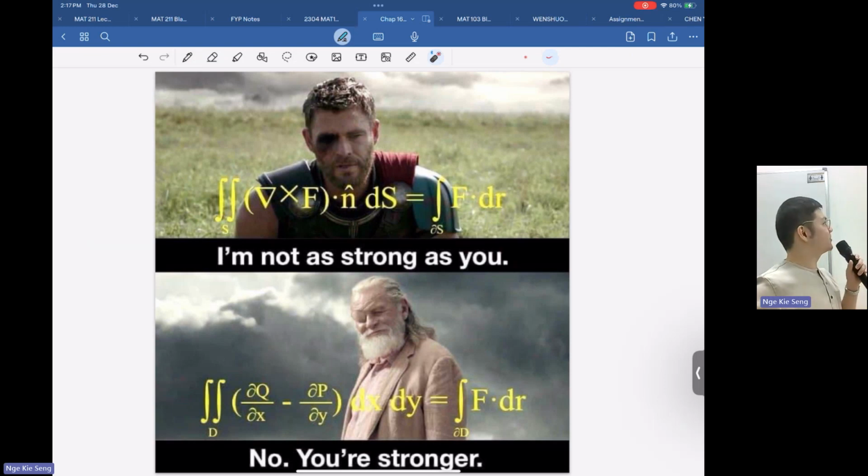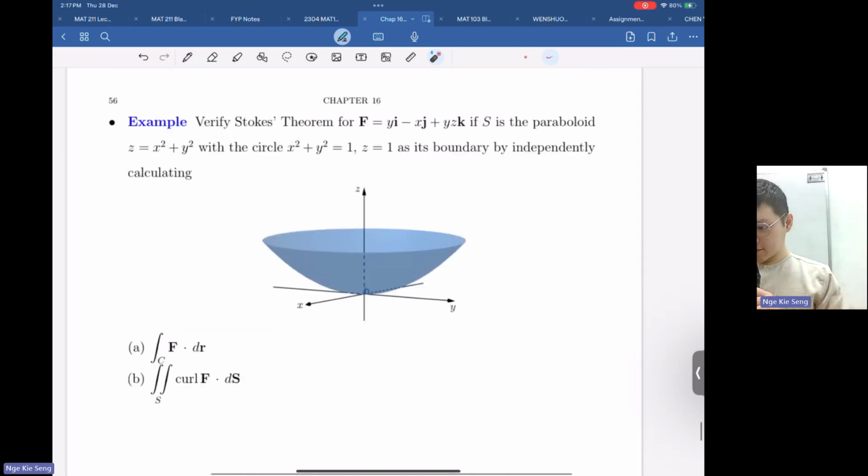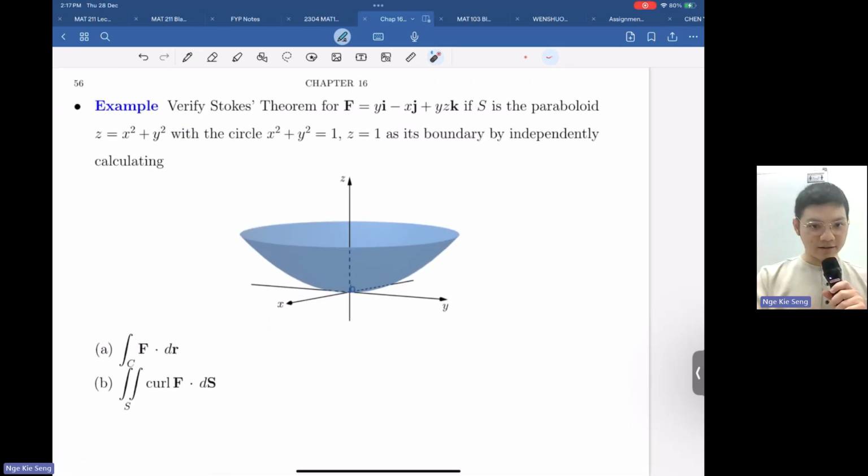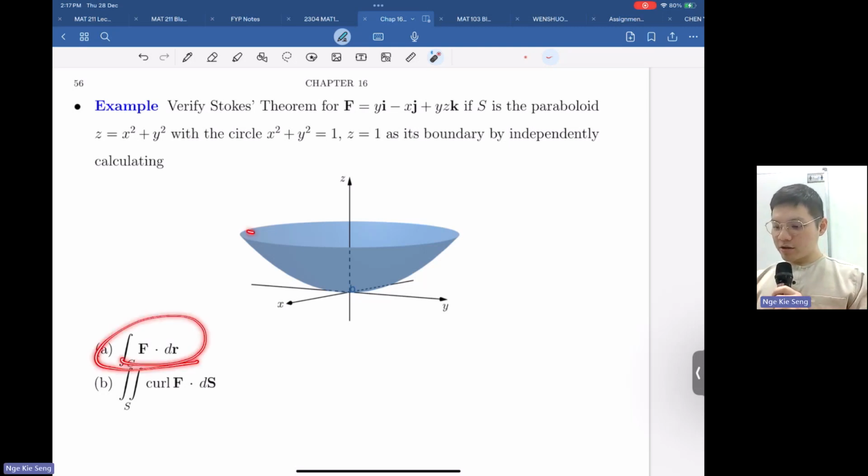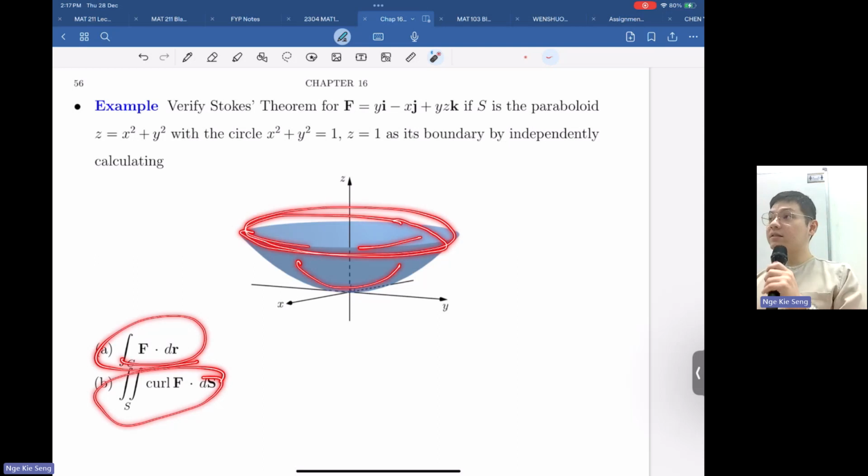Okay, so let's see how we're going to use this Stokes' theorem. Let's check it on this surface. Let's compute it in two ways. One way, we loop around the curve that bounds the surface, and the other way, we compute the flux.